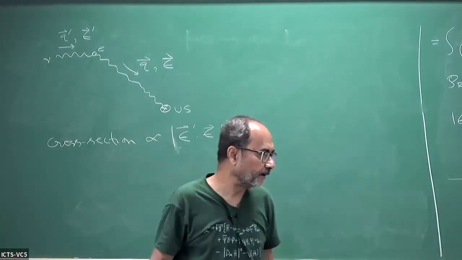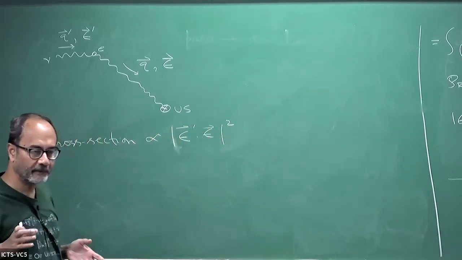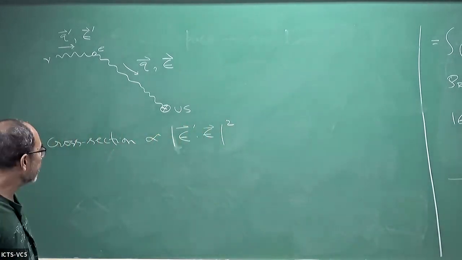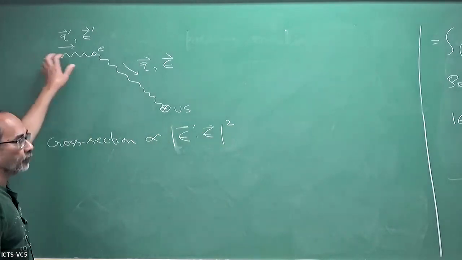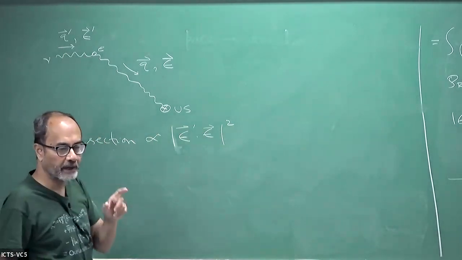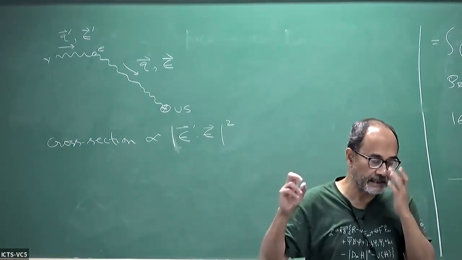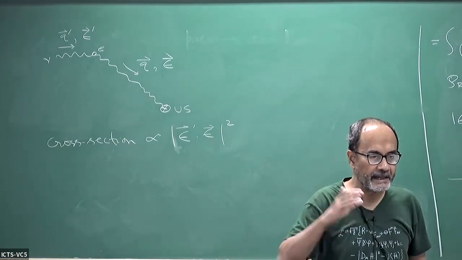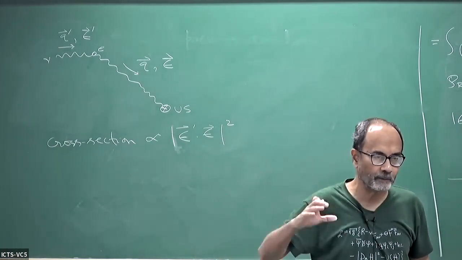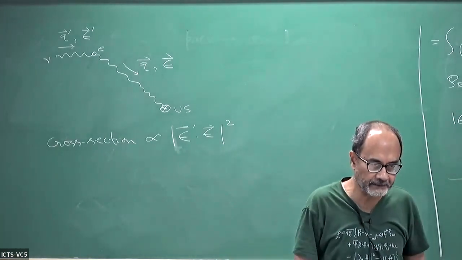Can I repeat it? The statement, I'll explain it with an example, is that even if this was unpolarized, imagine that it has two polarizations, both equally likely. So the incoming beam has a density matrix where it's equally likely to have either of the transverse polarizations.